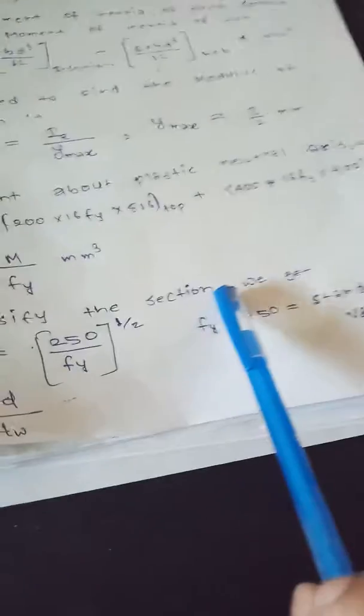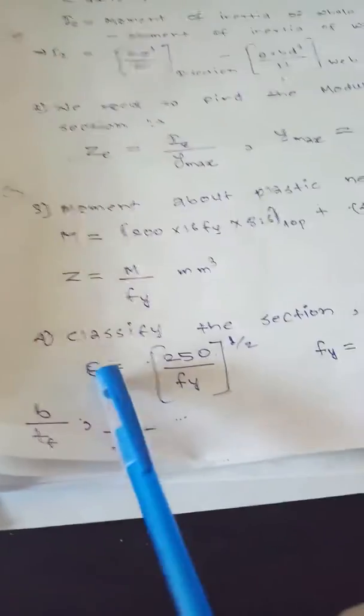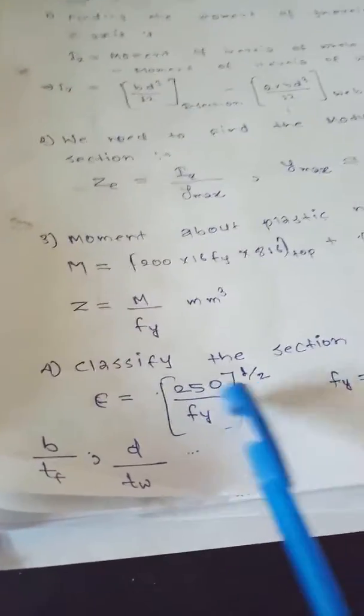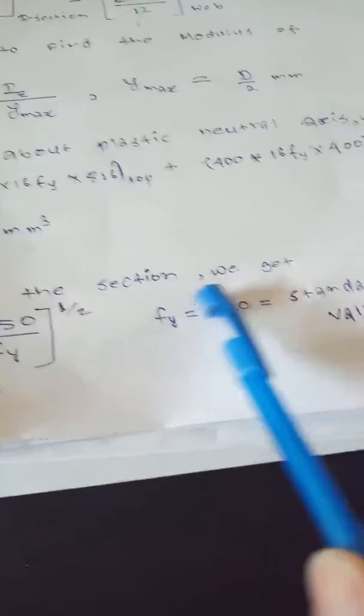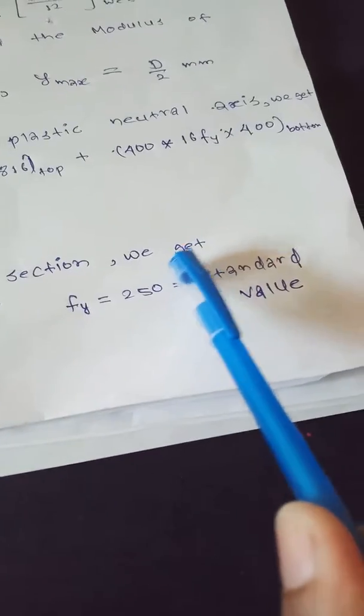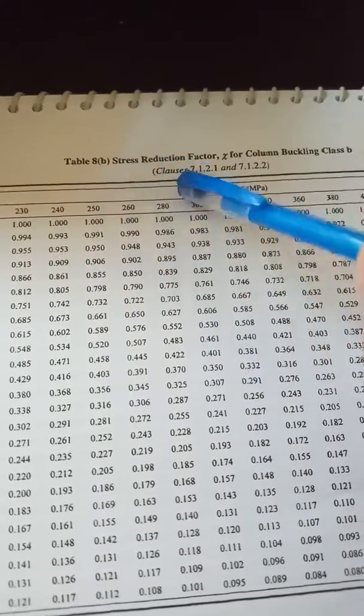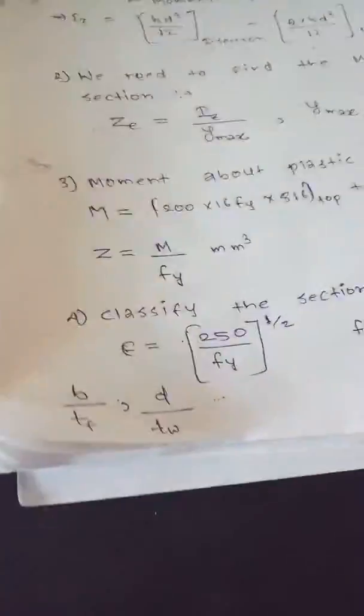To classify it, we have another formula: epsilon is equal to 250 by f suffix y, whole power half, where f suffix y is equal to 250, a standard value given in the code book. Here it is 250, in between 280 and 260.